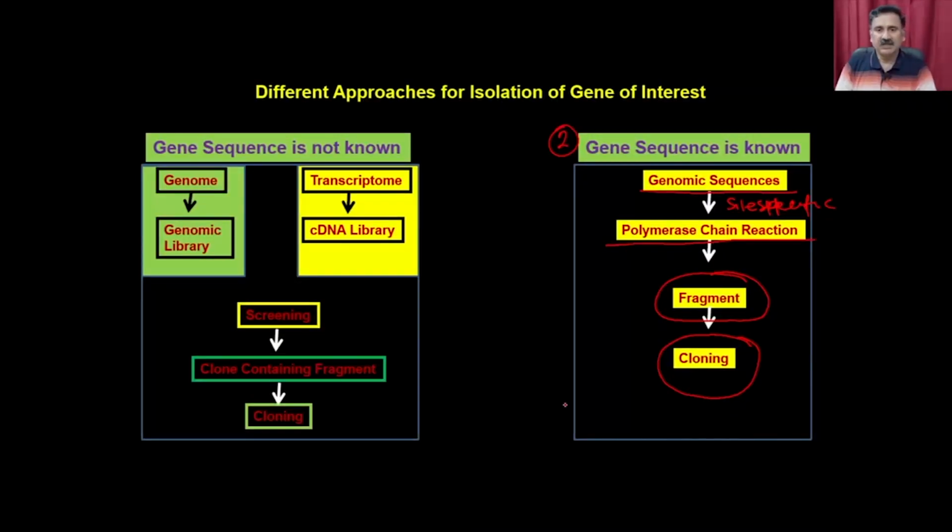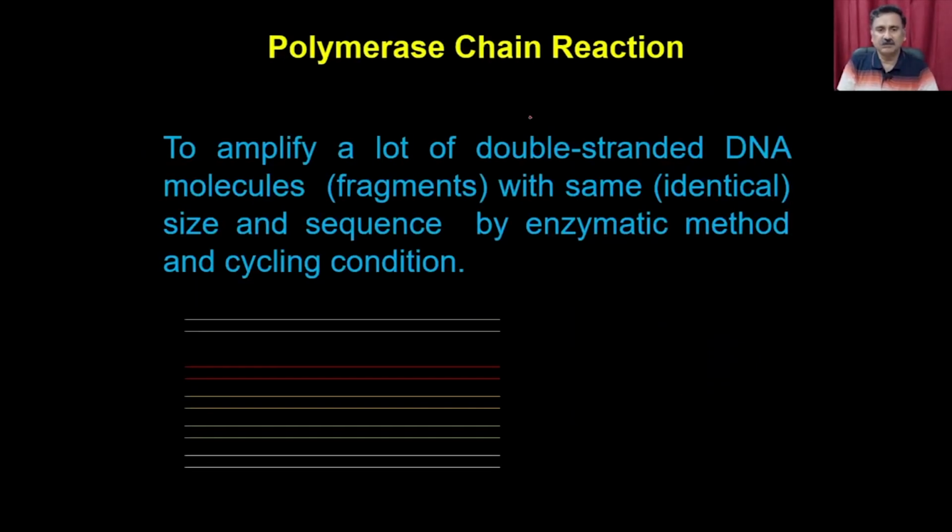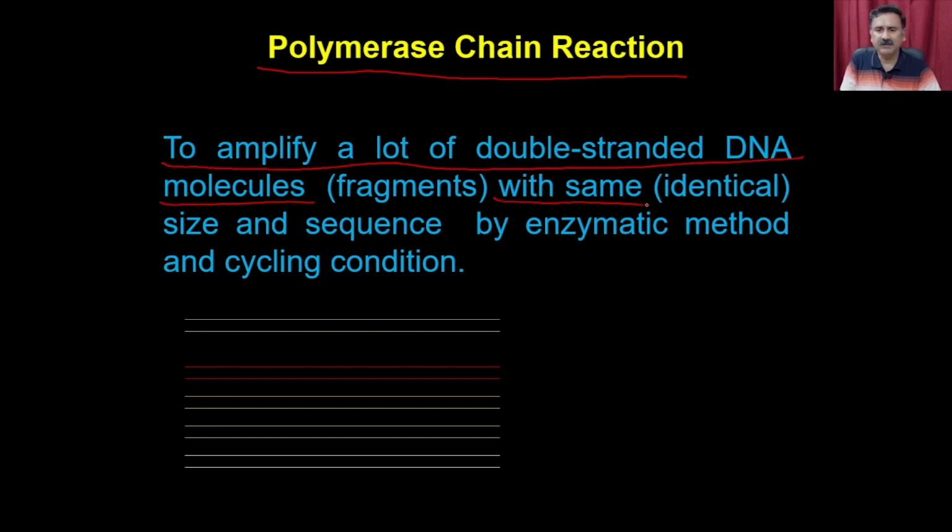Now the first question is, what is the polymerase chain reaction? Polymerase chain reaction amplifies a lot of double stranded DNA molecules with the same size and sequence by an enzymatic method and cycling conditions.